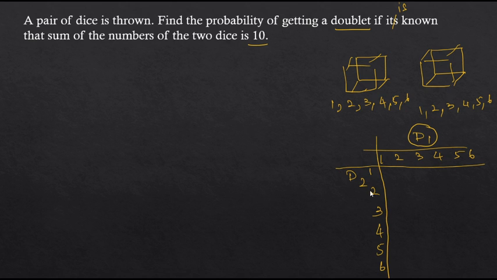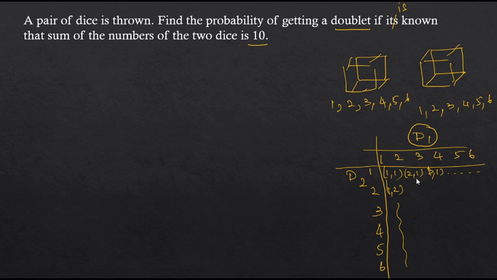Now, what about the first one? It can be 1, 1. Second one, it can be 2, 1. Third one can be 3, 1. Likewise it goes. The next row will be 1, 2, 2, 2, and so on.